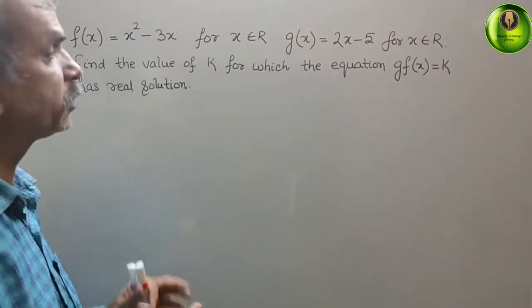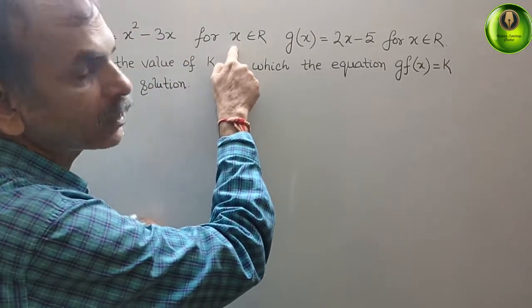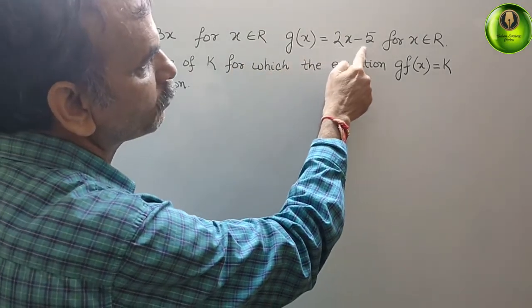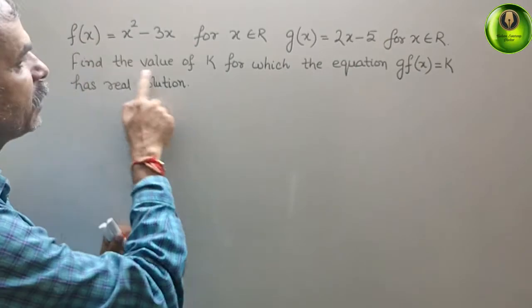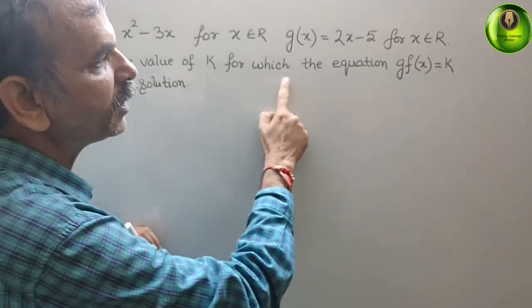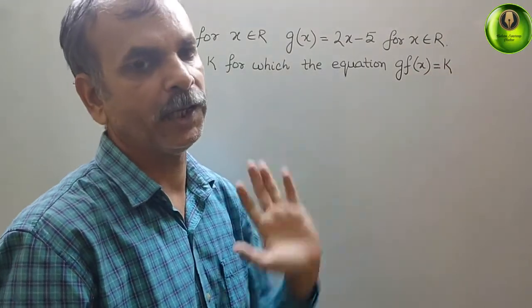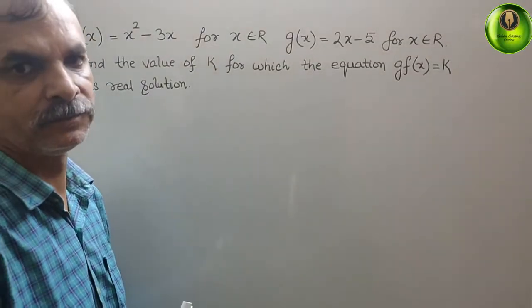Your question is: f(x) is equal to x square minus 3x for x belongs to the real numbers, g(x) is equal to 2x minus 5 for x belongs to real numbers. Find the value of k for which the equation g(f(x)) is equal to k has real solution.